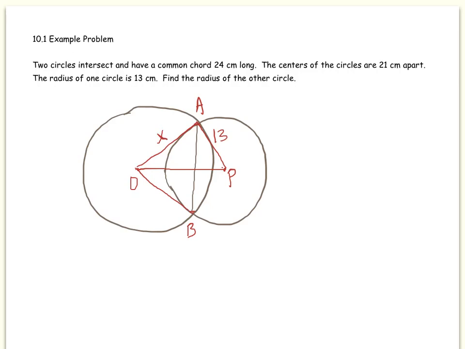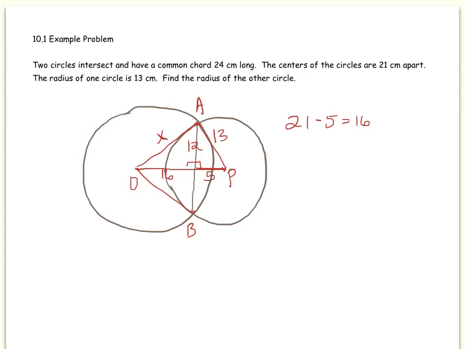So we know that if we get a right angle here, then this splits our chord in half. So that's 12. So this small segment in here ends up being 5. It's a 5, 12, 13 triangle. If we know OP is 21, and we know that that segment is 5, then what's left over is 16. So this segment in here is 16.